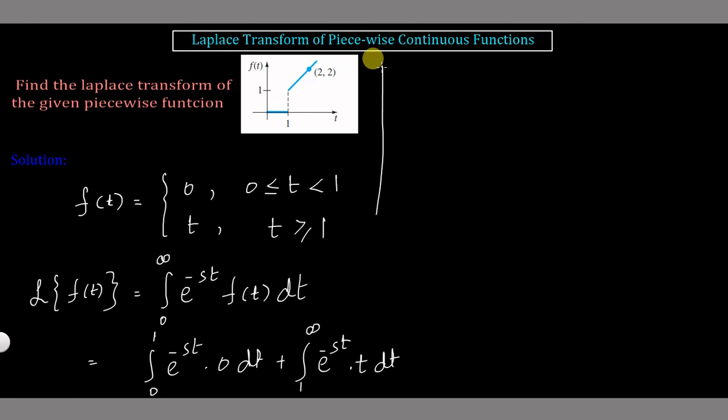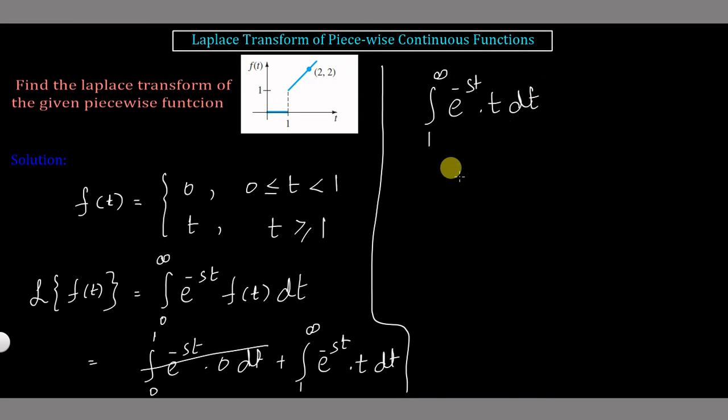Now we have to solve these integrals one by one. Here this is 0, so this overall integral will be 0, and what we have left is just the integral from 1 to infinity of e raised to the power minus st times t. Sometimes it is difficult to evaluate integrals.